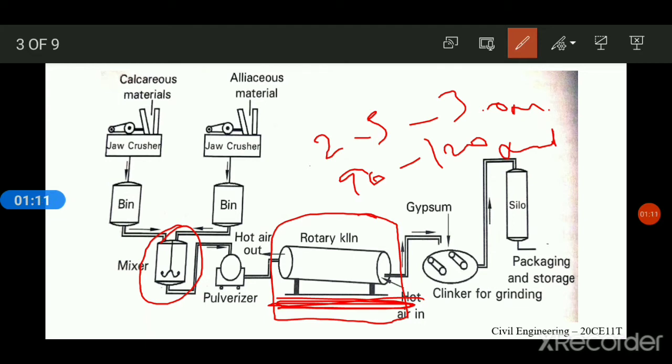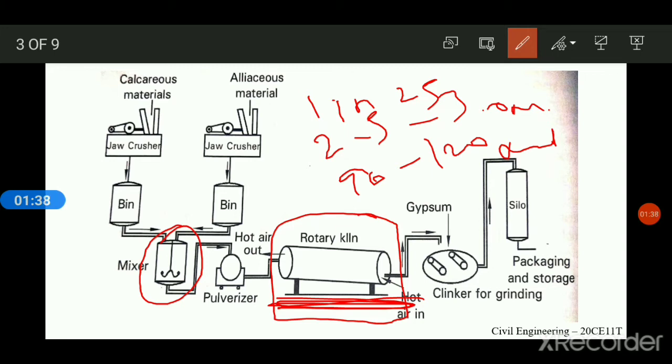The inner side of the kiln is lined with refractory bricks. The kiln rests on roller bearings and supporting columns, and the gradient of the kiln ranges between 1 in 25 and 1 in 30.